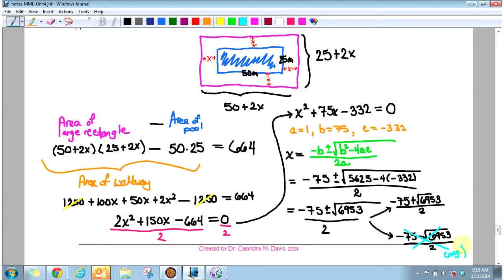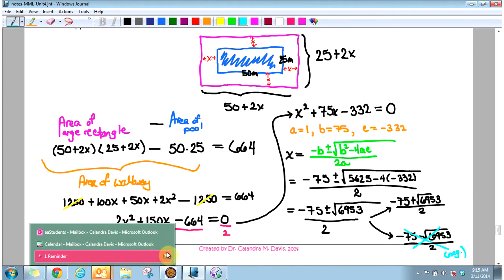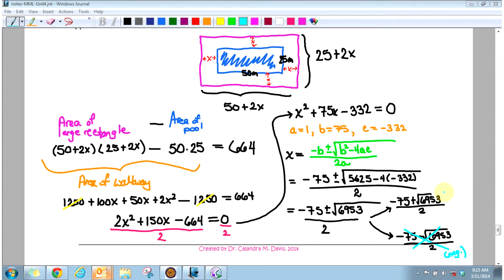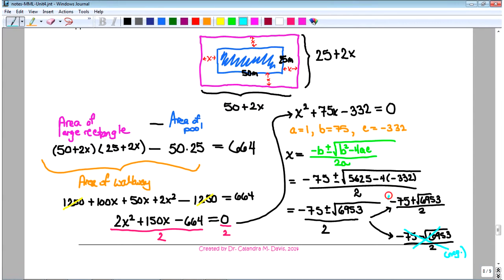So we can just focus instead on the first quantity, and so we can use our calculator to come up with that. So when you put it in your calculator, if you do it in one step, you want to make sure you have parentheses around your numerator.